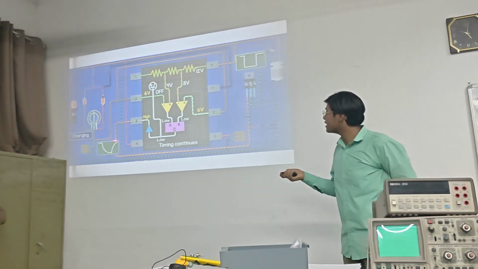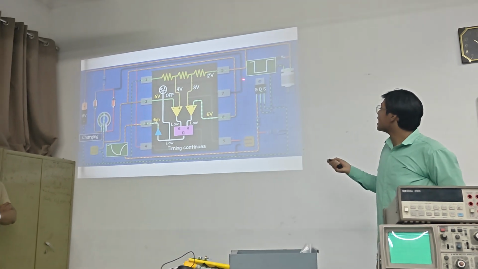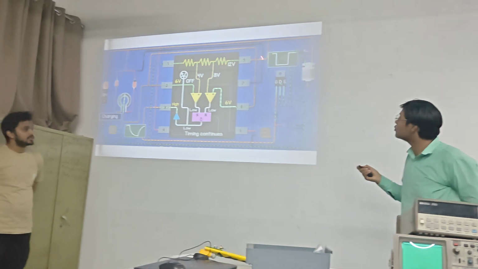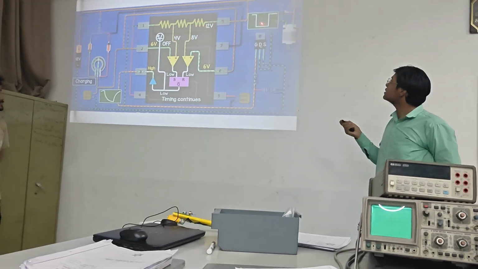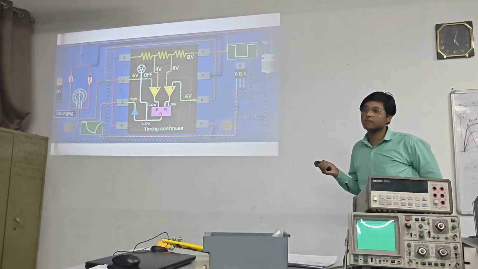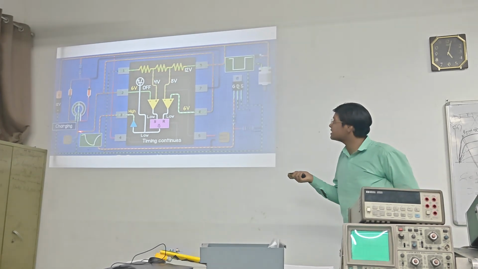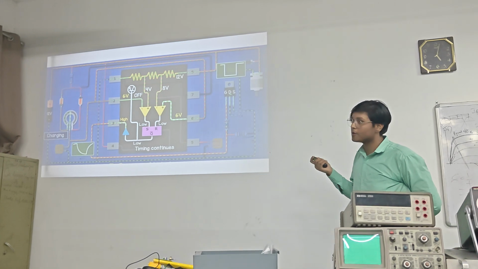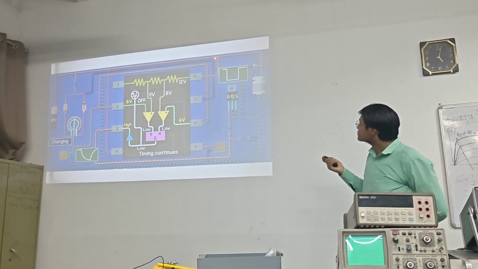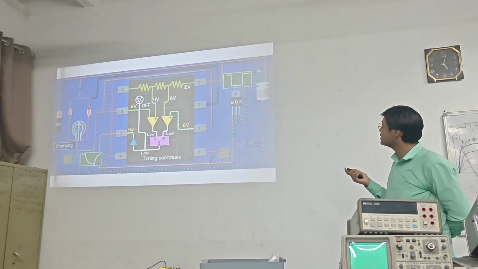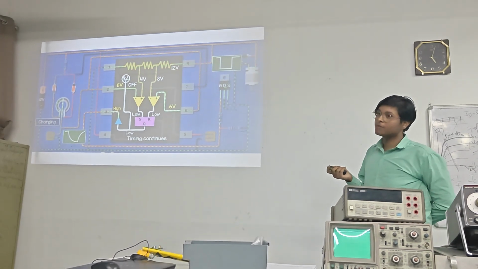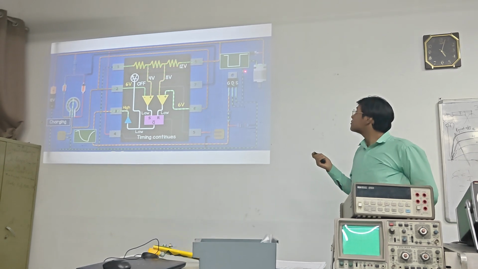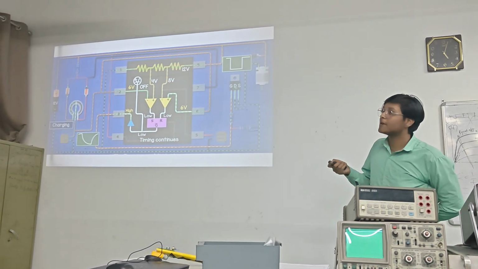While charging our pulse is high, and while discharging our pulse is low. If our charging time is increased, our pulse width will also increase. And if the discharging time is increased, our low pulse width will increase. It will cause, simply, if high pulse width increases, our average voltage will increase. If low pulse width increases, our average voltage will decrease.